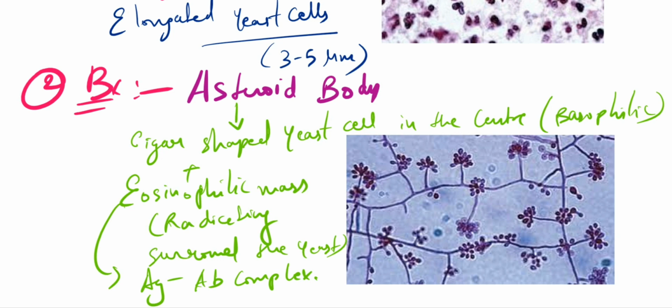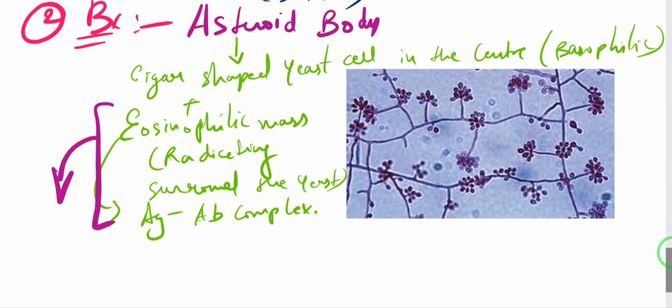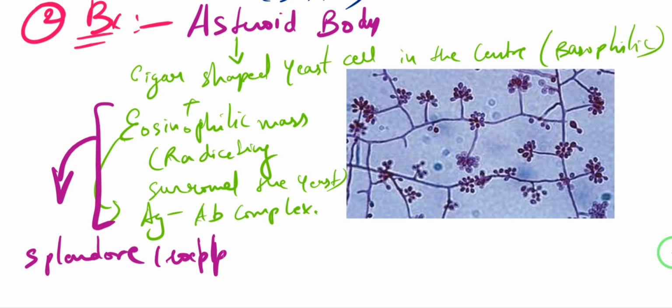And this eosinophilic mass which is surrounding the yeast cell, which is nothing but the antigen antibody complex, is also known as the Splendore-Hoeppli phenomenon.